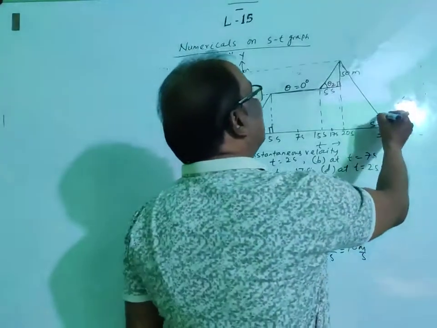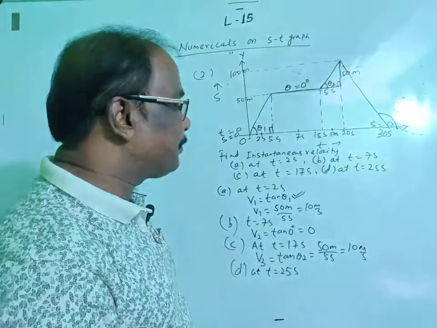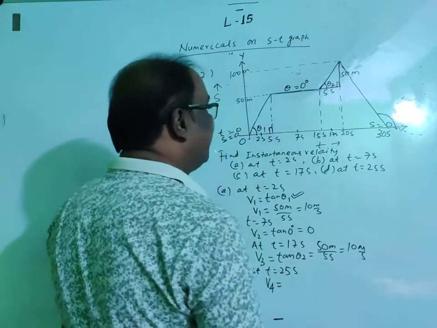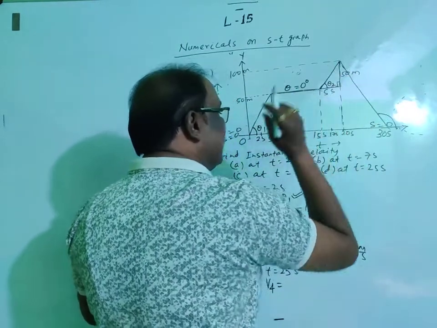So, here the slope of the graph is negative. If you take the velocity here as v4, you just see this region from 20 second to 30 second.